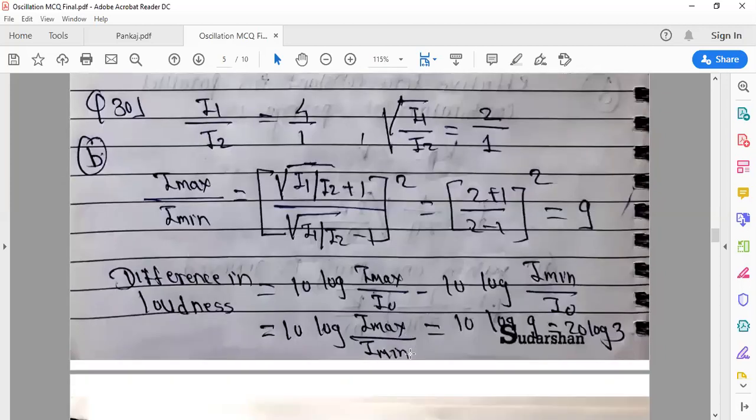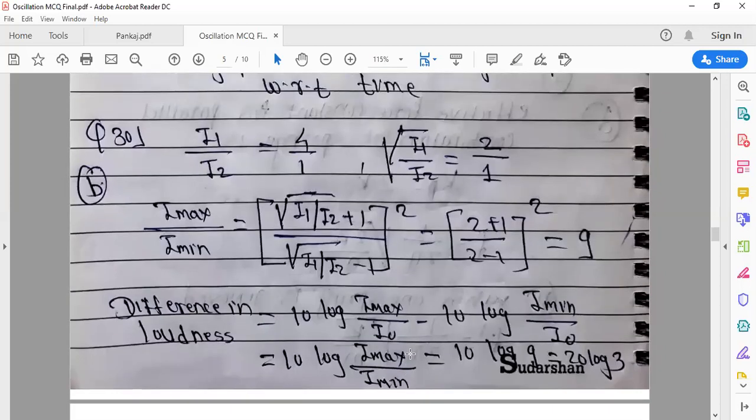Then question number 30. This question depends upon the concept of ratio of intensity. So what are the given things in question number 30? Ratio of intensity is given. It is 4:1, I1 by I2 is equal to 4:1. Difference of loudness is described in decibel.